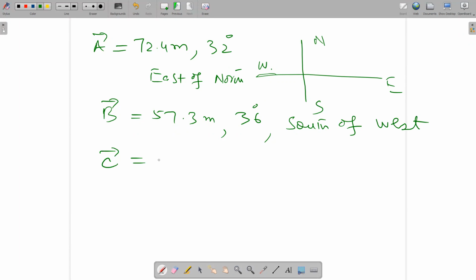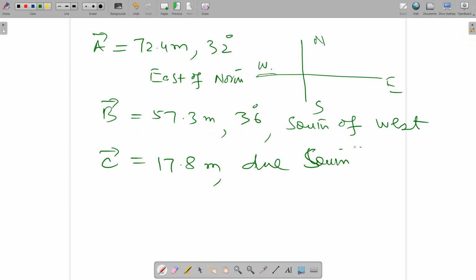C vector is equal to 17.8 meter due south. So this is the data. The question is, find the resultant. So resultant is what? The same thing, okay?